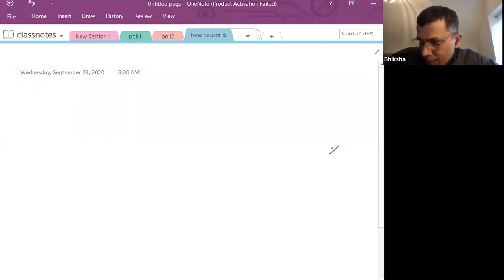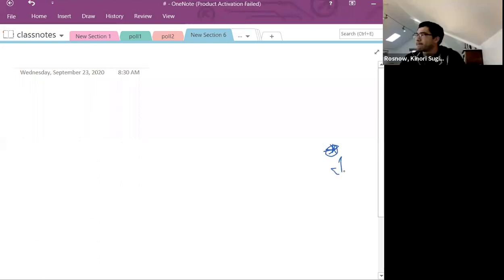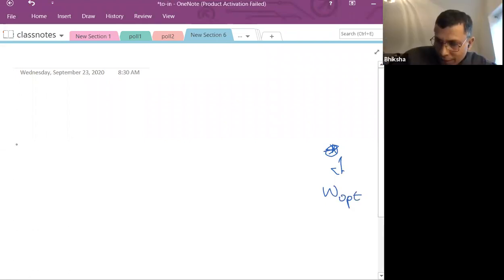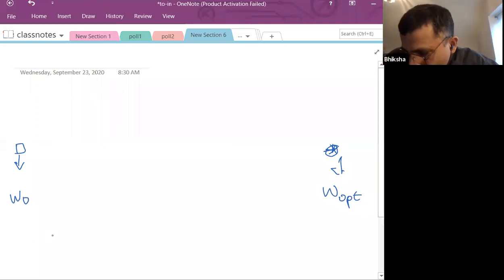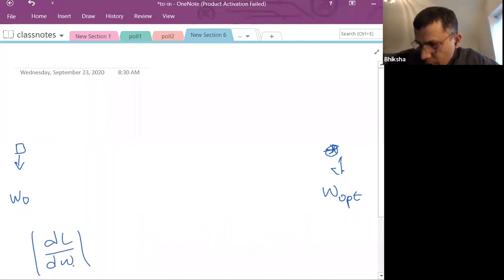Let's say this is the location of my optimal estimate, right? This is my W opt. And then let's say this is my W0, my initial estimate. Now the loss function, the way we've defined it, has bounded derivatives with respect to the parameters. So let's say that dL over dW is always bounded.